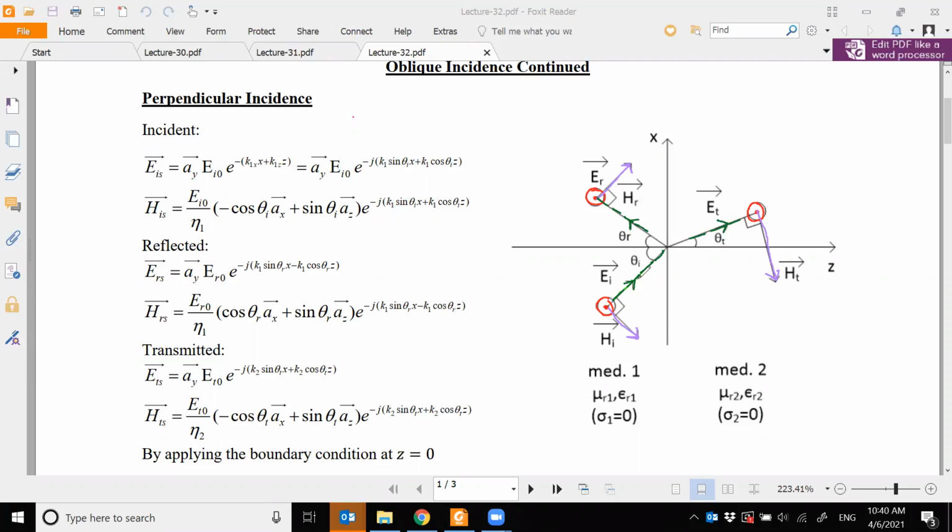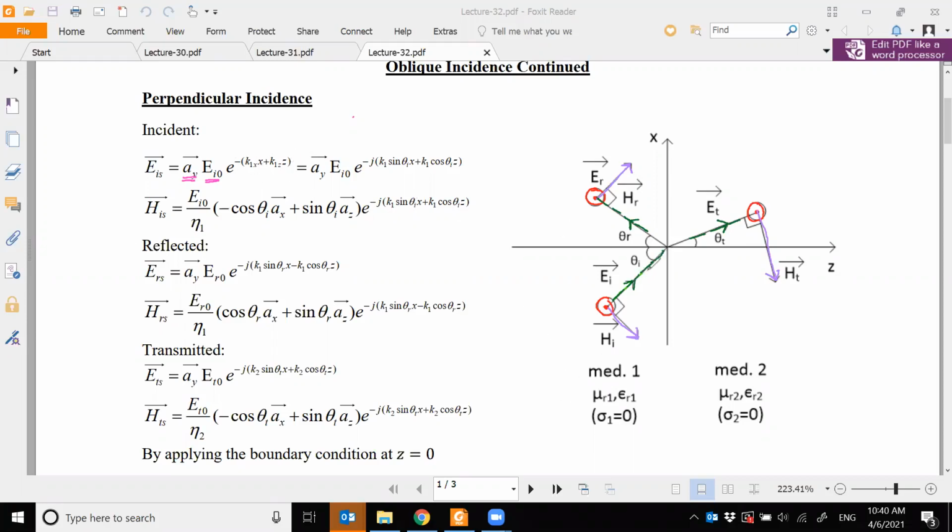Okay, so this is our problem statement. Now, first thing, we need to find the incident field. What is this red one? It is AY. My electric field has only the AY component, and this is the incident field amplitude, E power. Now we need to find beta, the propagation constant.